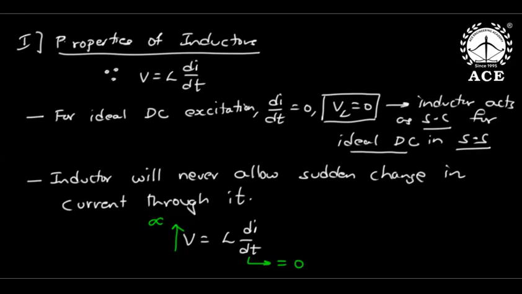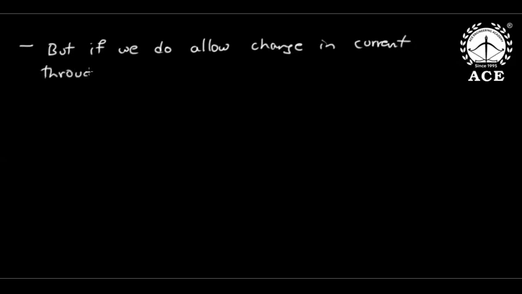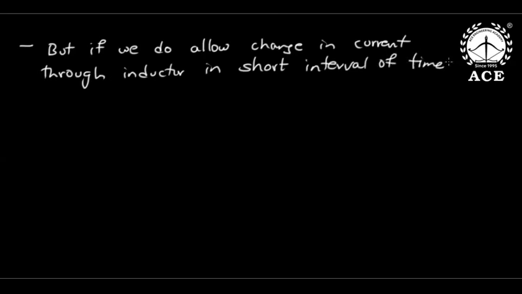Now the practical statement. But if we do allow change in current through the inductor in a short interval of time, that is delta t tends to zero, not equal to zero, then we get impulse voltage across it.